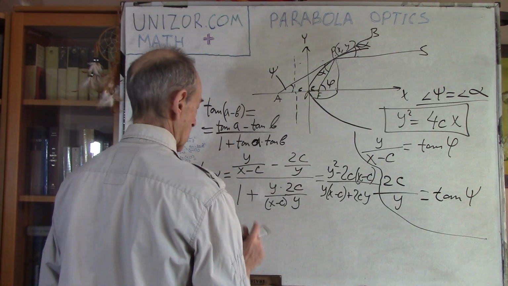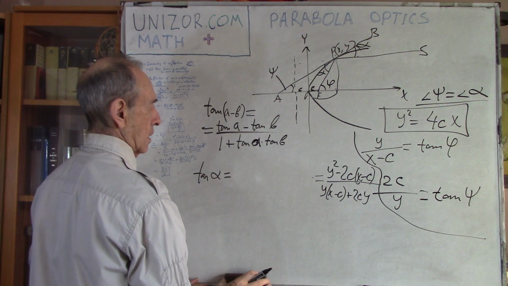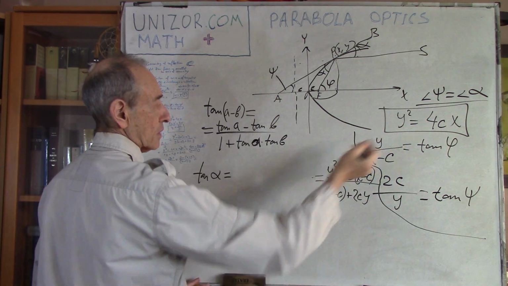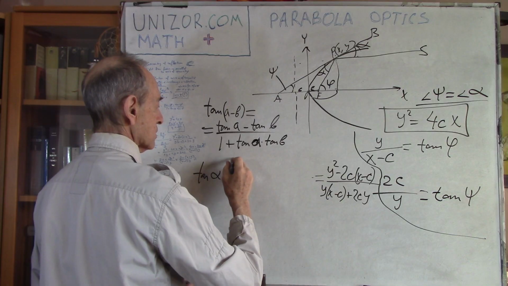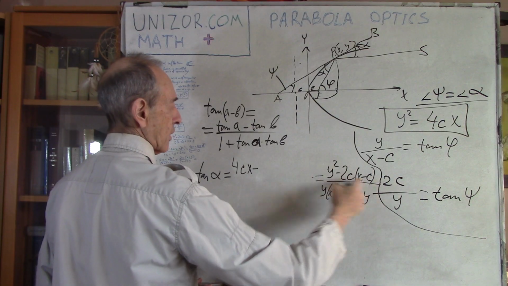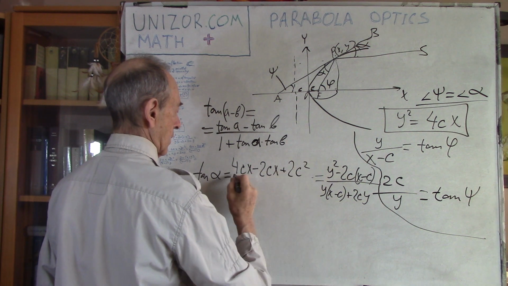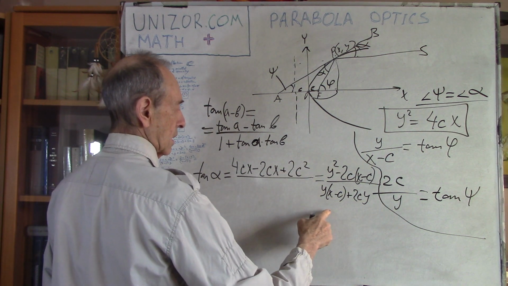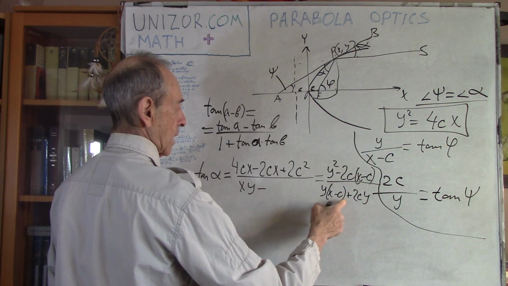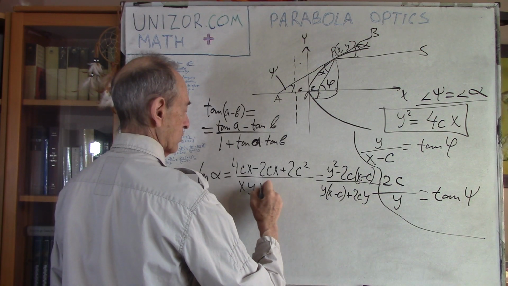Now this is equal to, instead of y squared, I can always put 4cx, right? Because we are talking about a parabola, all points are on the parabola. So it's 4cx minus, opening the parenthesis, 2cx plus 2c squared. And at the bottom, I will have xy minus cy plus 2cy, so it will be plus cy.